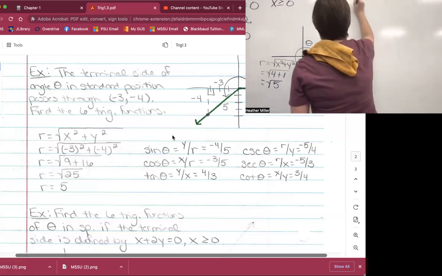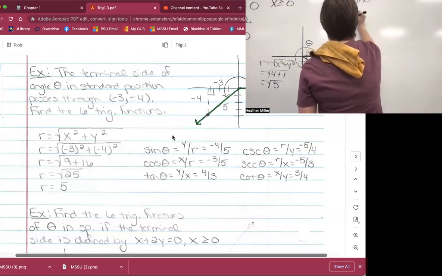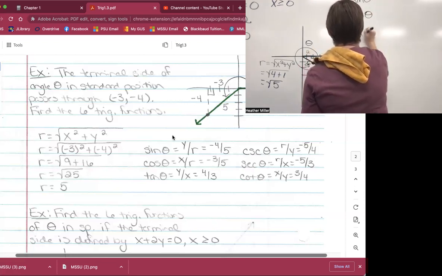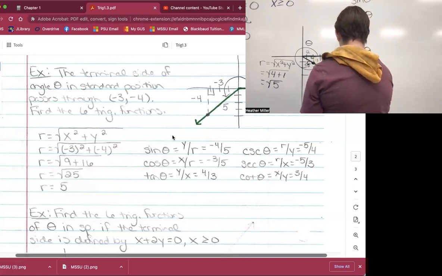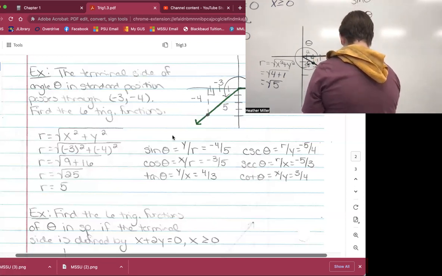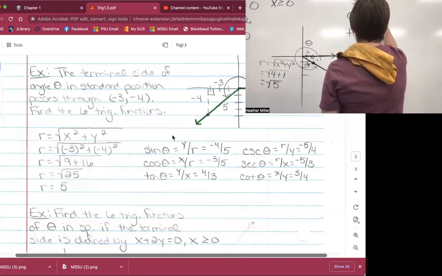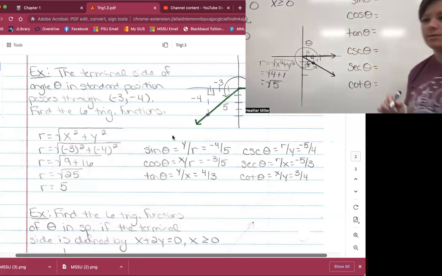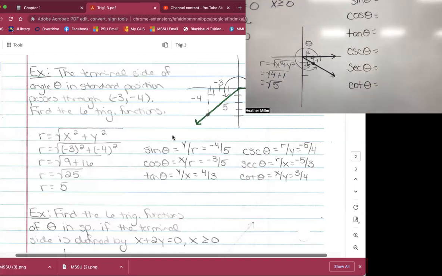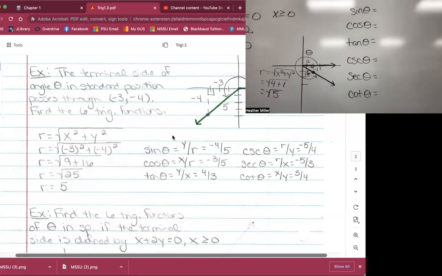So we need to find sine theta, cosine theta, tangent theta, cosecant theta, secant theta, and cotangent theta. Okay, and maybe by this point now you're finally getting a handle of what each of these equals. So sine theta equals y over r.